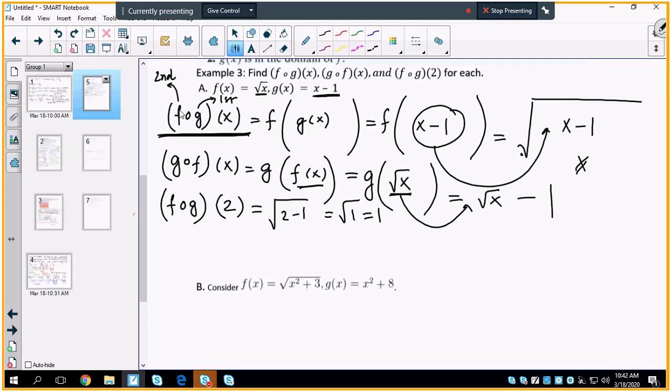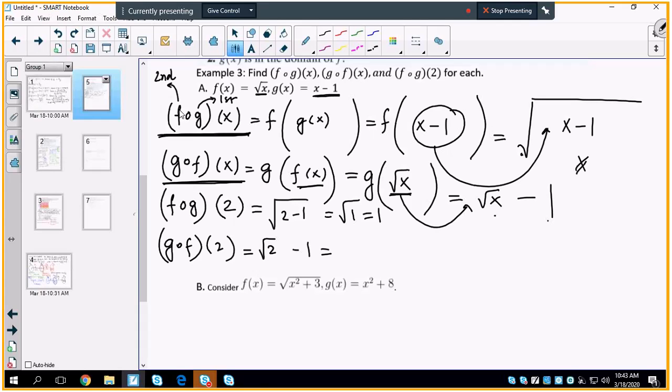But how about now I want to know g composed f of 2. Well, think about the explicit definition of g composed f of x. It is square root of x minus 1. So replace the x by 2. You get square root of 2 minus 1. And remember, square root of 2 is not 2.